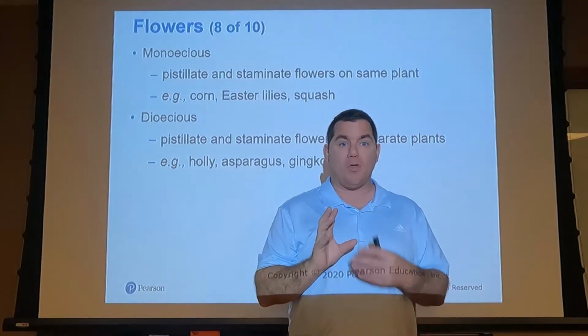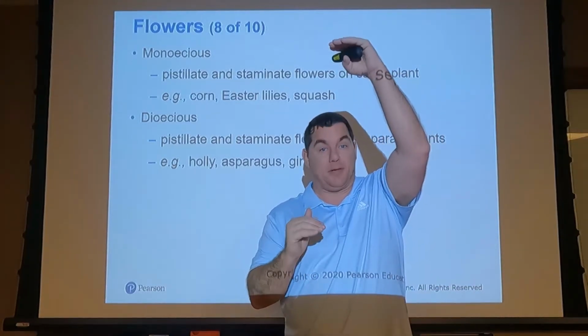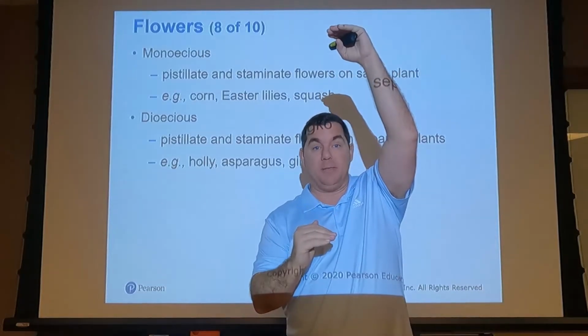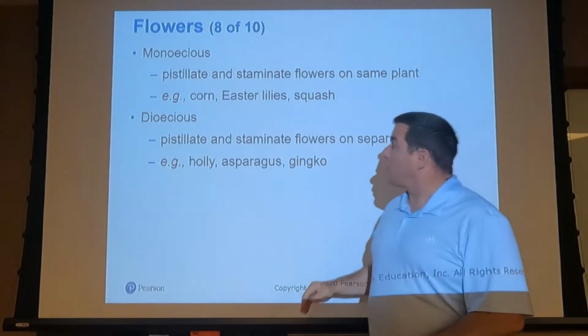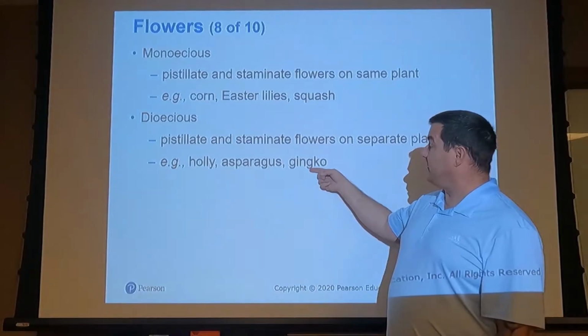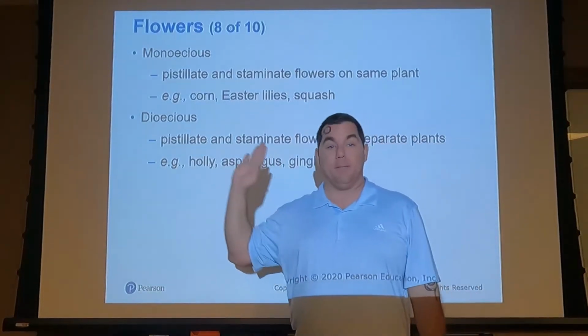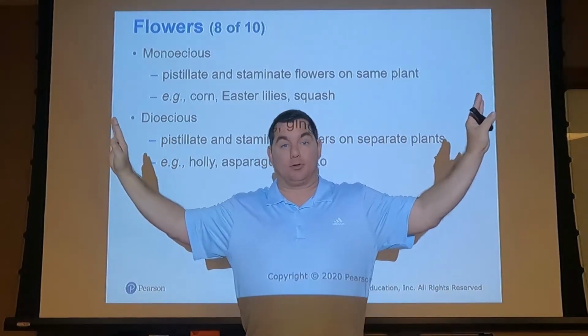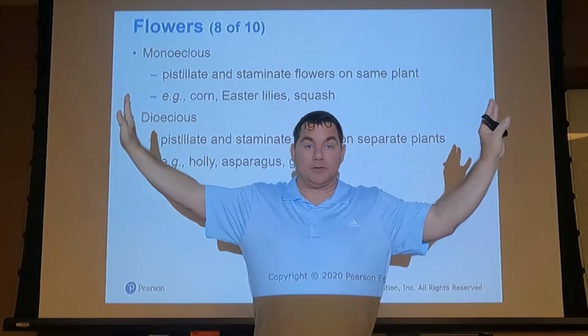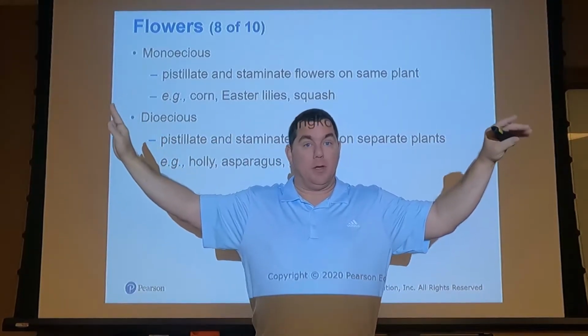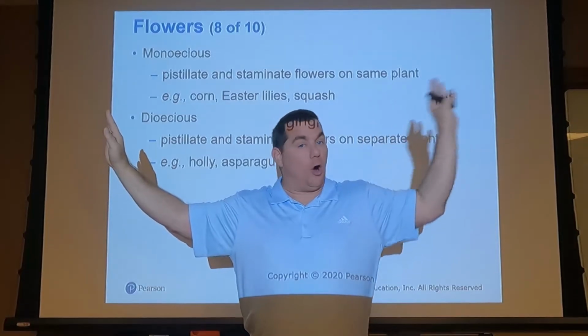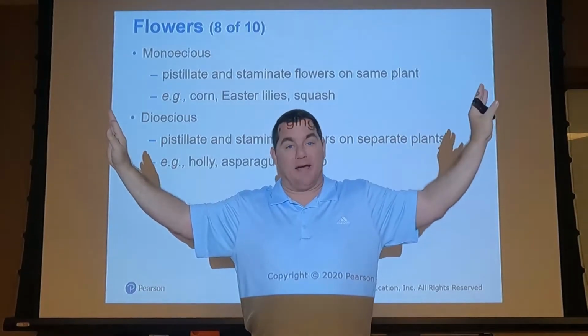So they're on the same plant, male part, female part. On a dioecious plant like a ginkgo, we have a male tree and a female tree. All male flowers only have a staminate, and on the female tree, all female flowers only have a pistillate.